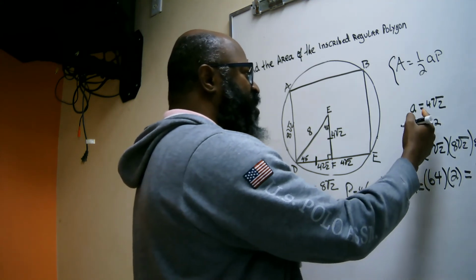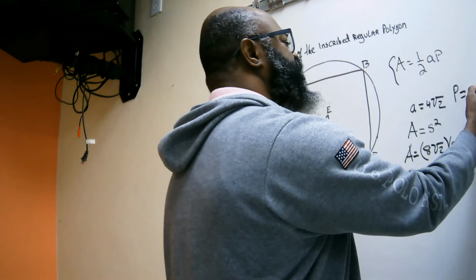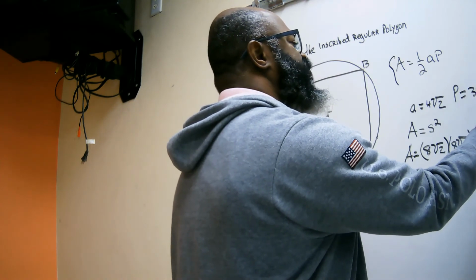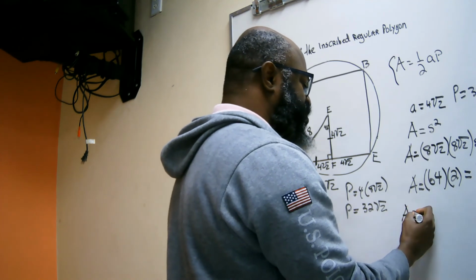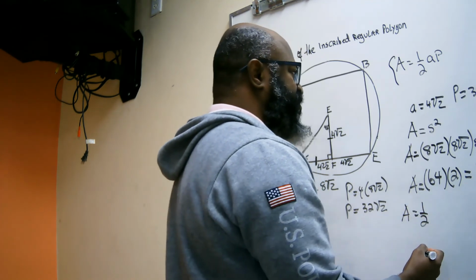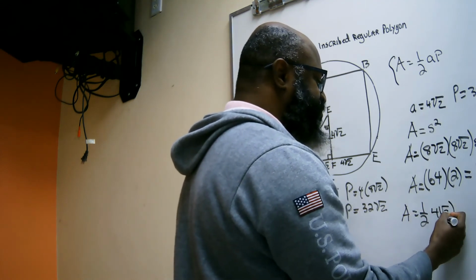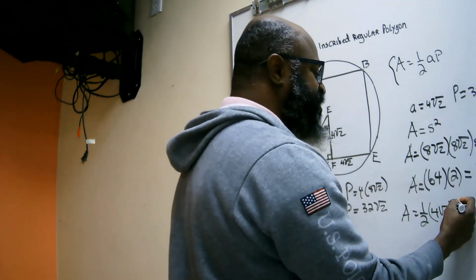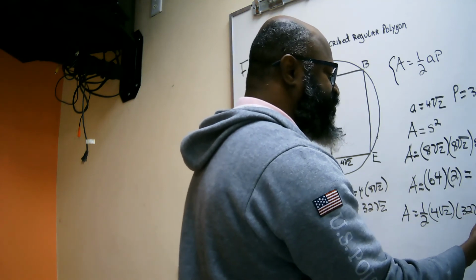Since you already know what P is, 32 square root of 2, then we can use this formula: area equals 1/2 times the apothem, which is 4 square root of 2, times the perimeter, which is 32 square root of 2.